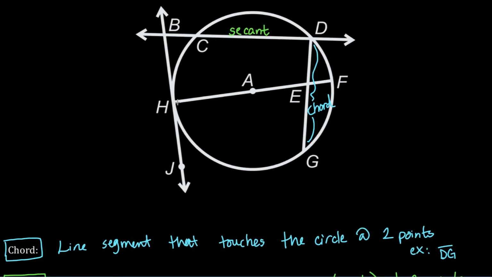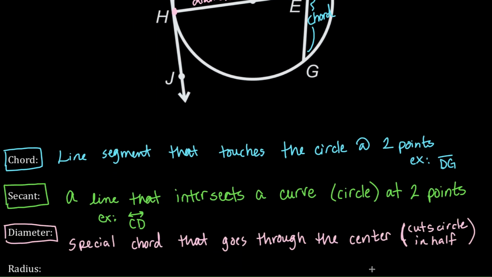And that would be HF. So HF is the diameter. So my example would be HF. Okay, not too bad.